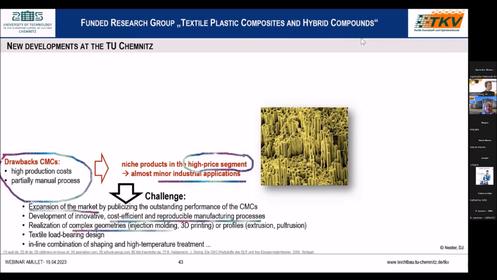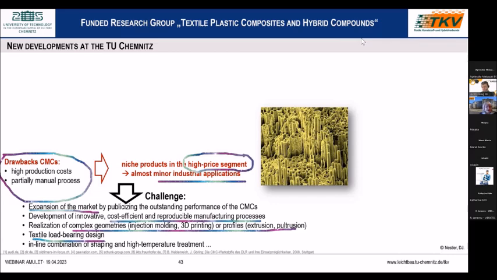These are expansion of the market by publicizing the outstanding performance of the CMCs, or development of cost-efficient and reproducible manufacturing processes, or the realization of complex geometry via injection molding, 3D printing, or profiles with extrusion or pultrusion, because these are mass production technologies, and so I can decrease the costs. And we can also use the textile for load-bearing design.